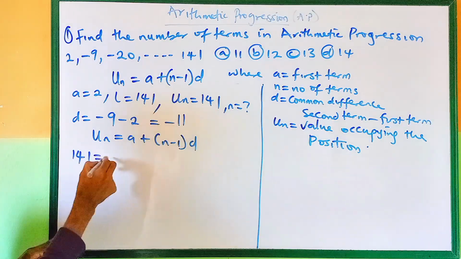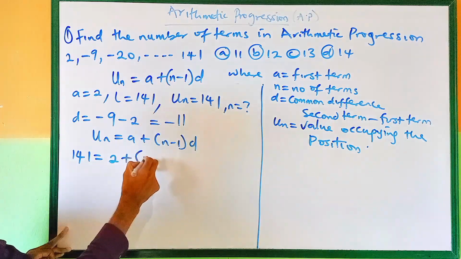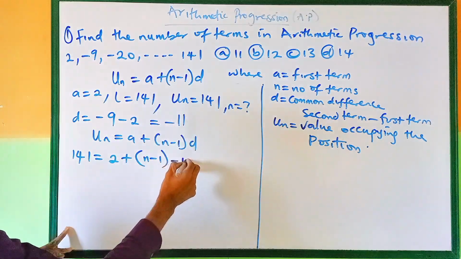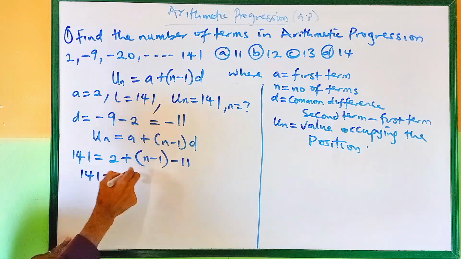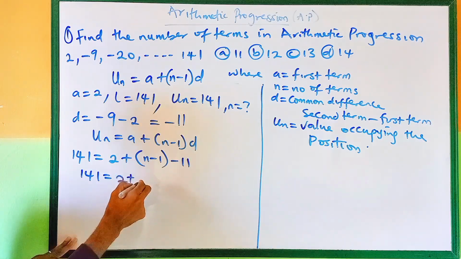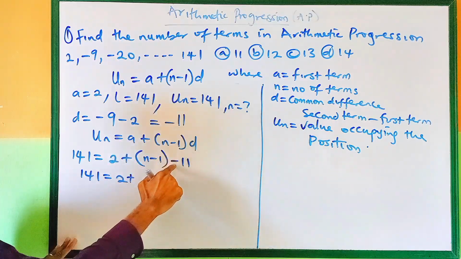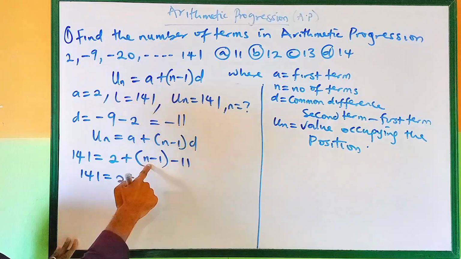You just say 141 equals A, which is 2, plus N minus 1 into bracket, our D is minus 11. So you have 141 equals 2 plus, you open this bracket. When you are opening this bracket, be careful because you see a negative 11. So minus 11 times n is minus 11n.